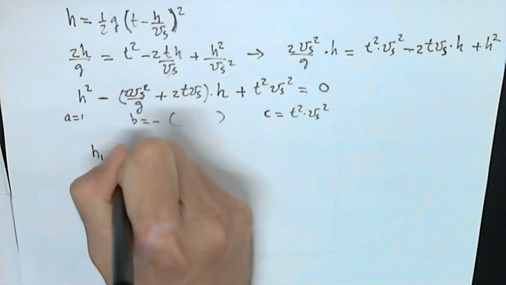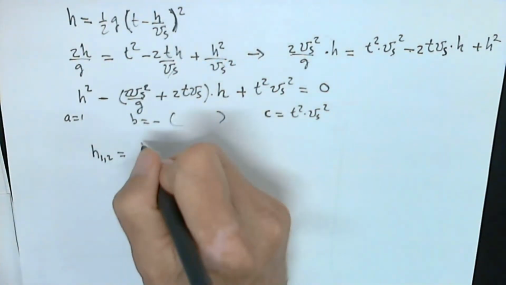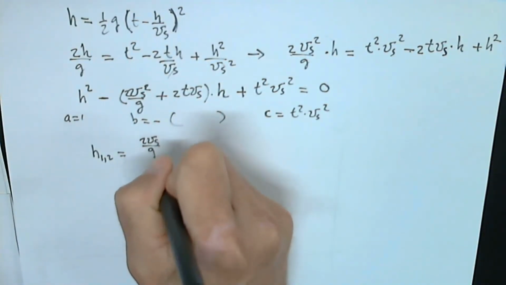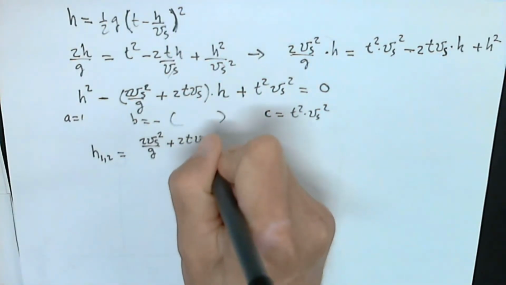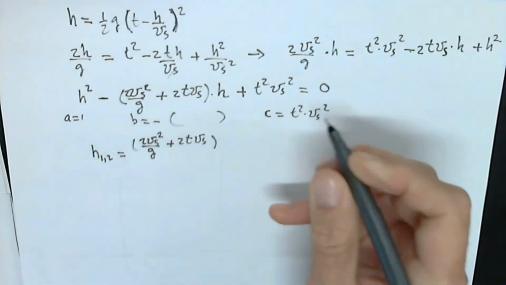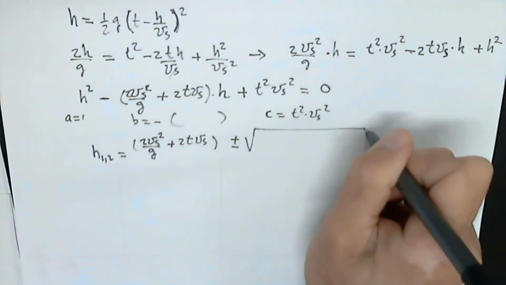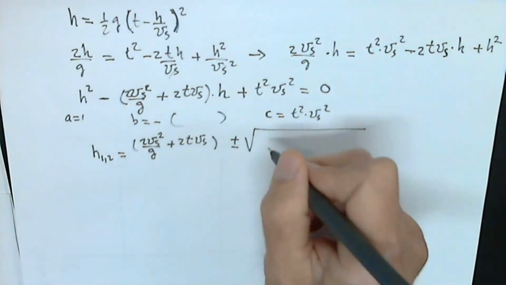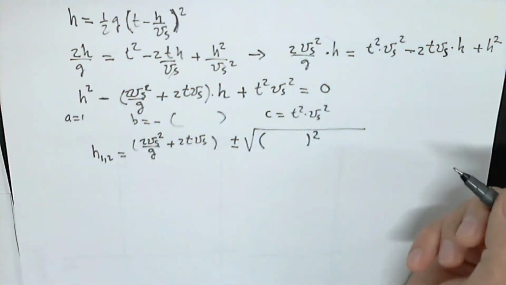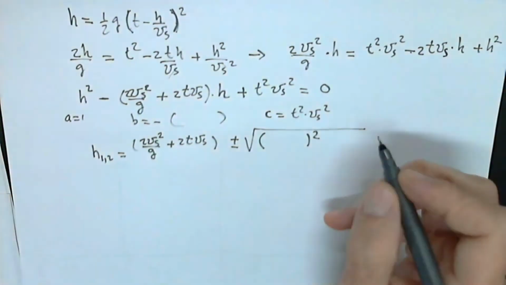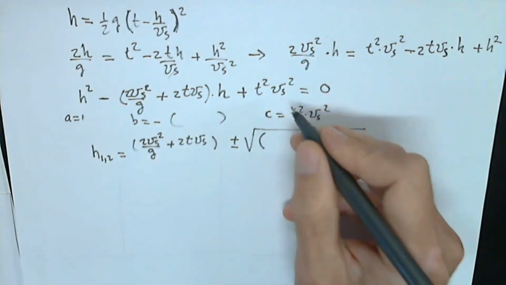So these are my two solutions, just using the quadratic equation. I need to put this squared. We'll leave it like that for now. Minus 4a, that is 1 times c.